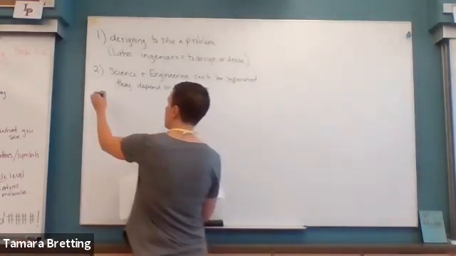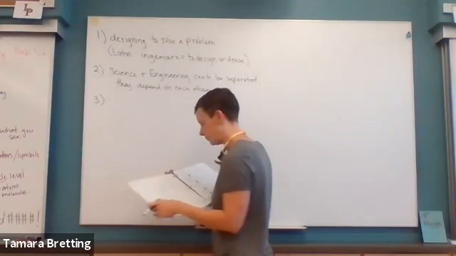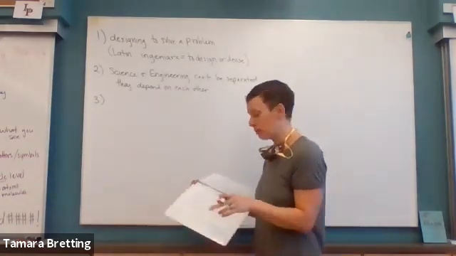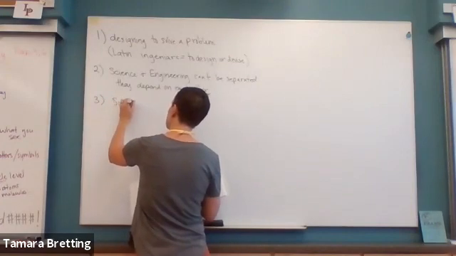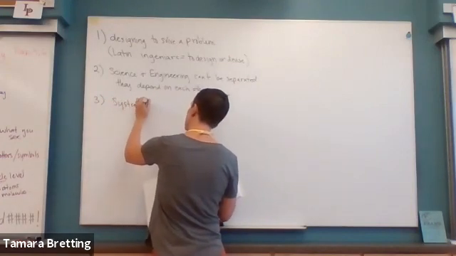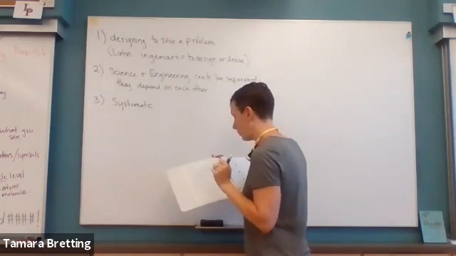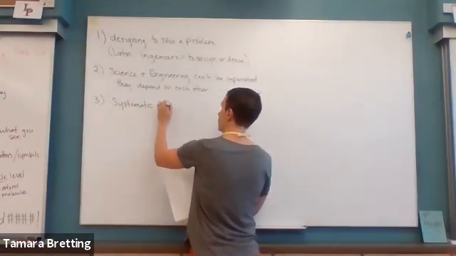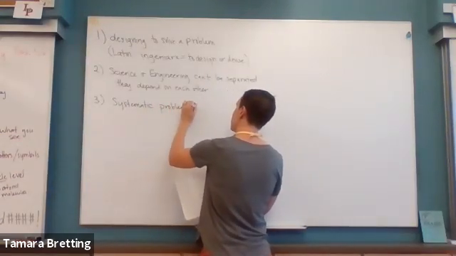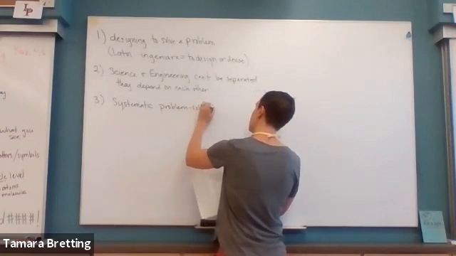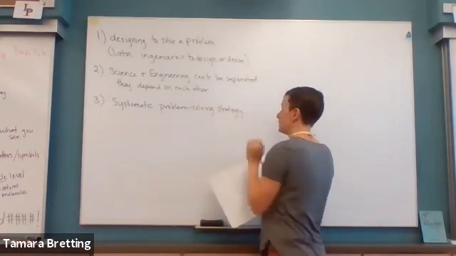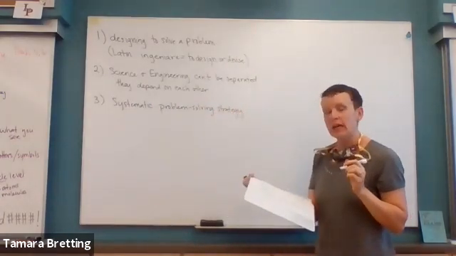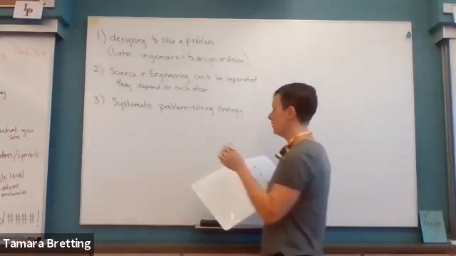Okay, 3, what is the engineering process? All right, what is the engineering process? That first bullet right there, it is a systematic problem-solving strategy. And it's got 4 sub-bullets there.